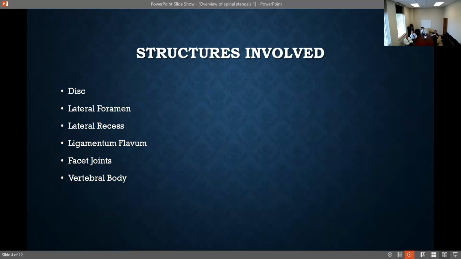The lateral foramen starts to get stenotic from osteoarthritis. The lateral recess, where a lot of this happens, is affected by not only the lateral foraminal osteoarthritis, but bulging discs and lipping of the vertebral bodies.